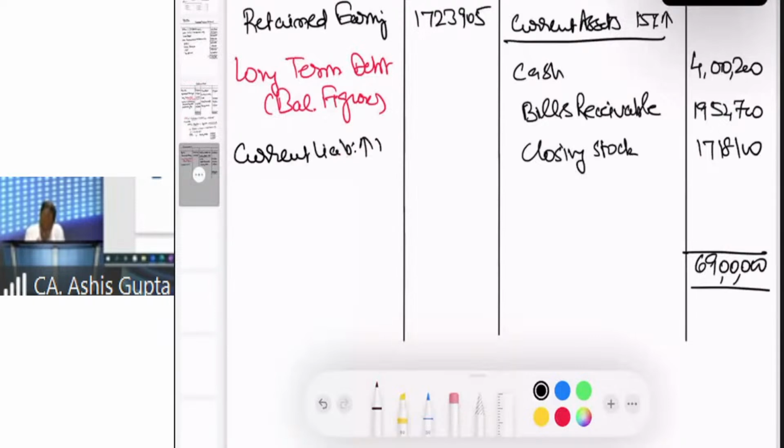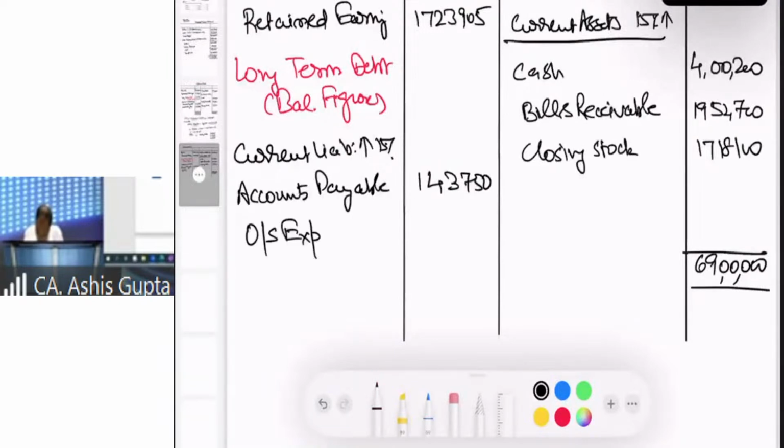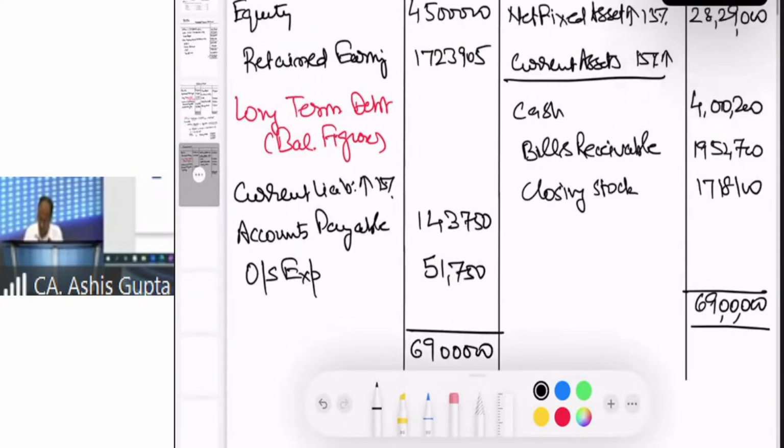Current liabilities increase 15%. Now, student, please calculate the figure and please let me know the figure of closing debt. This is the long-term debt balancing figure.